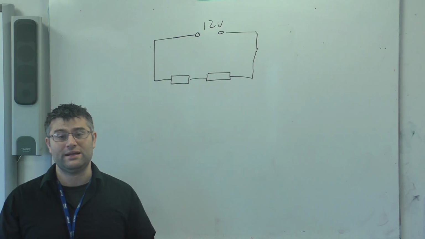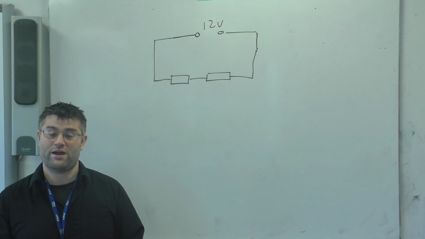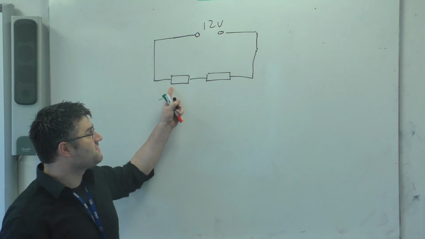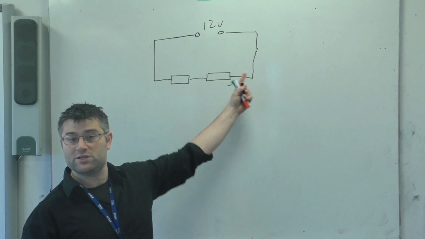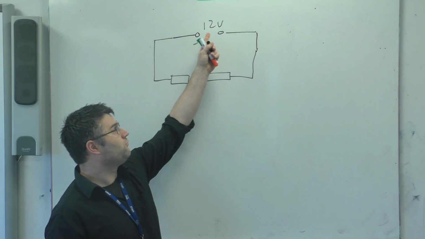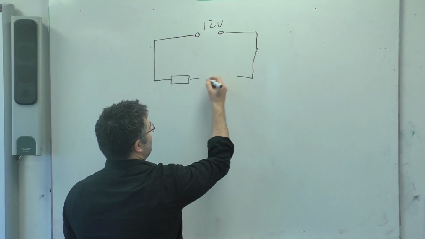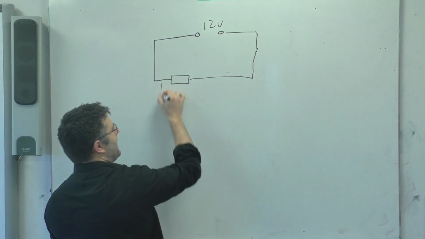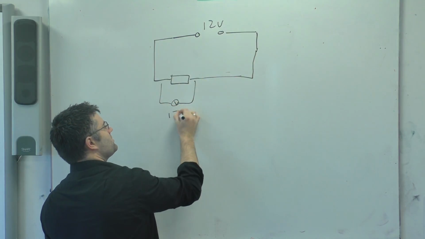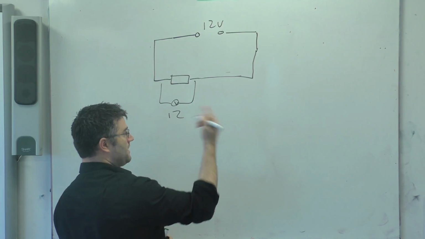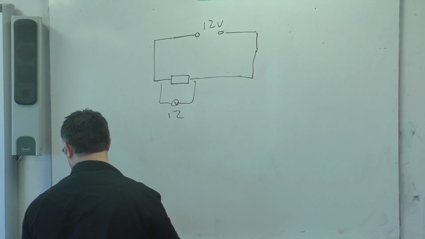You're not going to divide the potential if you don't have more than one resistor. If you've only got one resistor, then all you'd expect out, because of Kirchhoff's second law, is whatever you put in is whatever you get out. So 12 volts in, 12 volts out, that's what you'd expect.